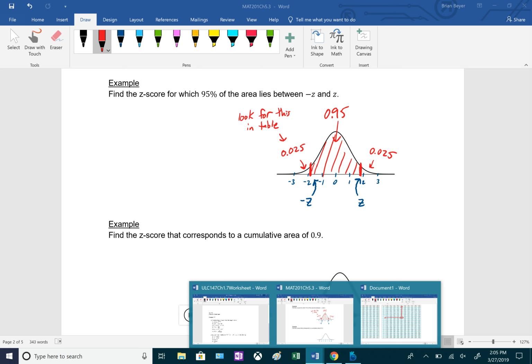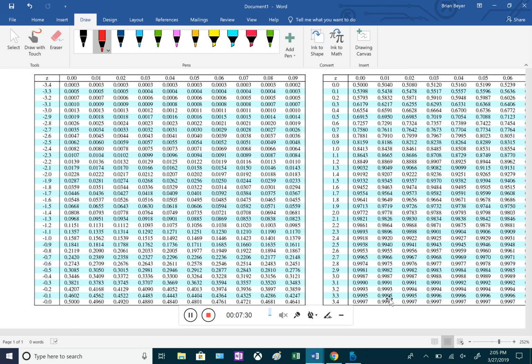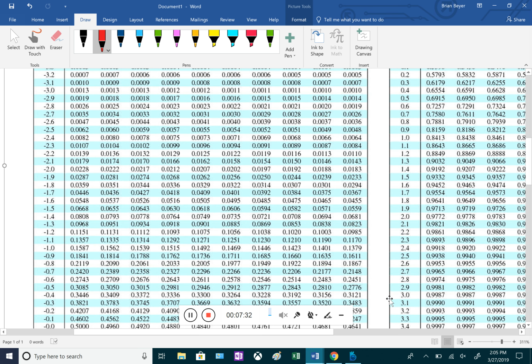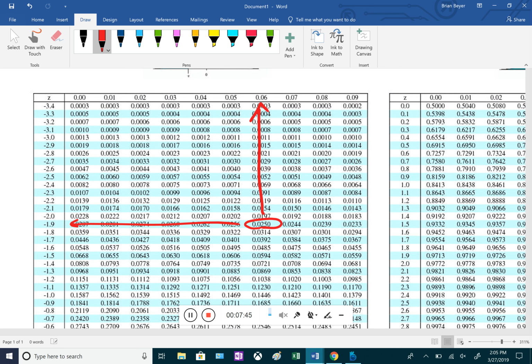So z-table, we're looking for 0.025. So 0.025 is going to be over here because it is smaller than 0.5. So 0.025 is right here. That corresponds to a z-score of negative 1.96.